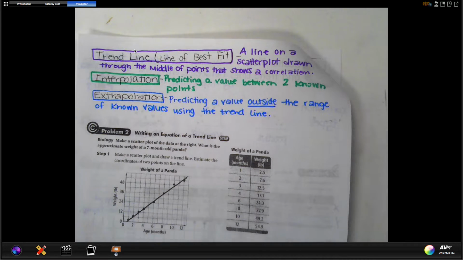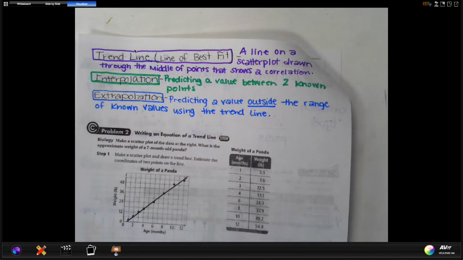Now, there are two words that go with it. Interpolation is when you make that line and you are going to predict some sort of value between 2 points that you already know. That's on the graph that you make. Extrapolation is predicting a value outside the range of your data. So, on our airplane data before, it only went to 5,000.